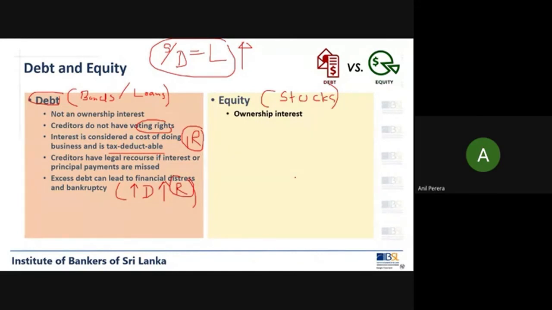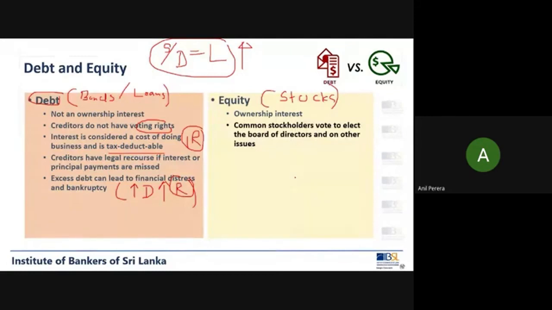Probably you may have seen some people who only keep one share of a particular company. Why is that? To keep the nominal ownership of that company. Depending on the number of shares or the percentage of shares you have, you might be considered a minority or majority shareholder. But even if you have one share, you are an owner of that firm.